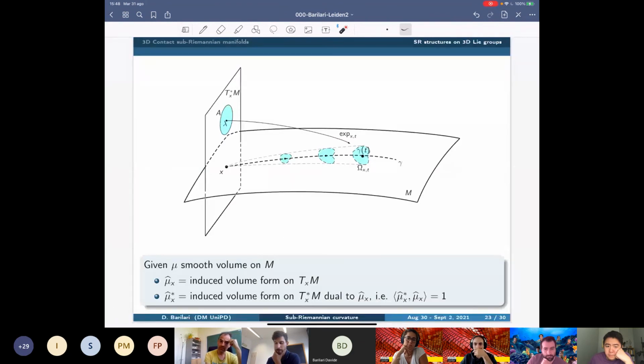So one possible way of studying the change of volume on a Sub-Riemannian manifold is, instead of studying how a ball shrinks to a point, in the sense of studying the function R, the volume of the ball with center and radius R, we can do something of this kind, which is more adapted to our techniques.